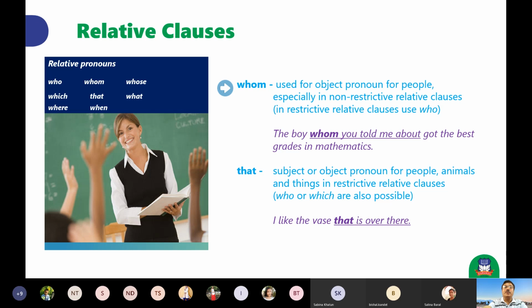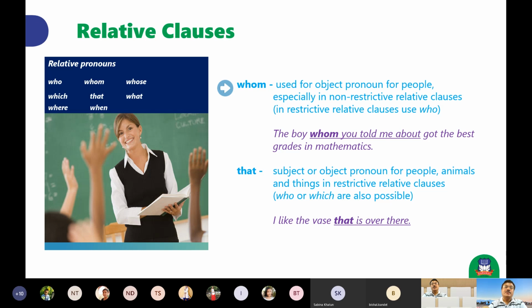The boy whom you told me about got the best grades in mathematics. Okay. Just after the boy, whom you told me about. This is an object pronoun. So this way, whom can be used.